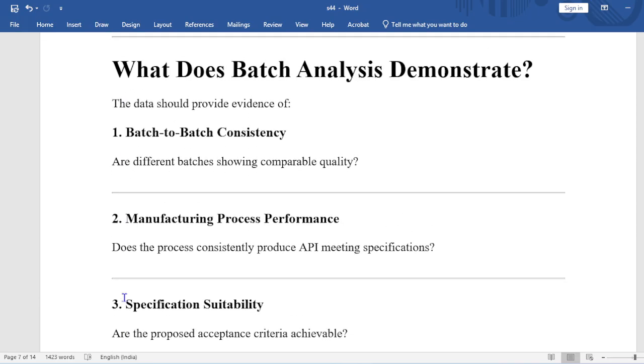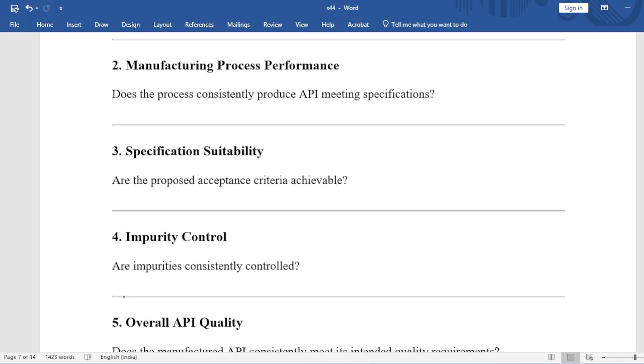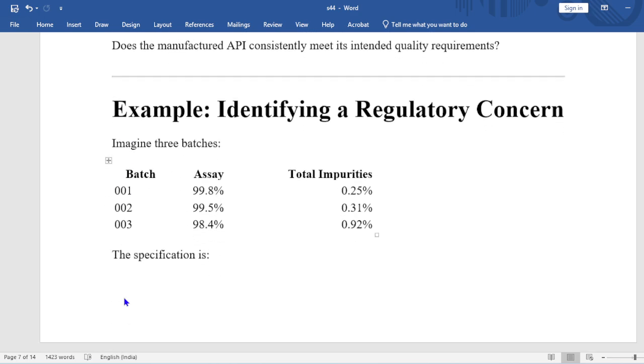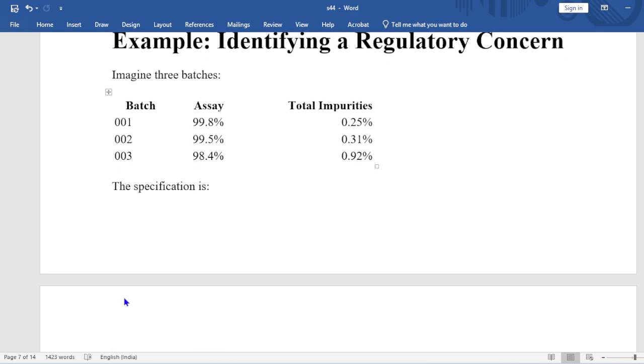Then, what does the batch analysis demonstrate? In simple terms, it demonstrates batch-to-batch consistency, manufacturing process performance, specification suitability, impurity control, and overall API quality. Here we have data of 3 batches: 99.8, 99.5, 98.4, and here the total impurity.